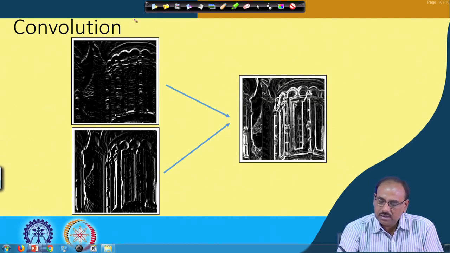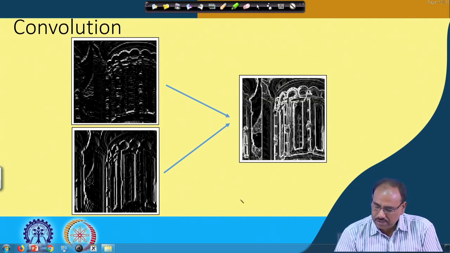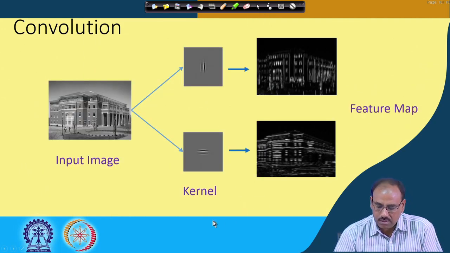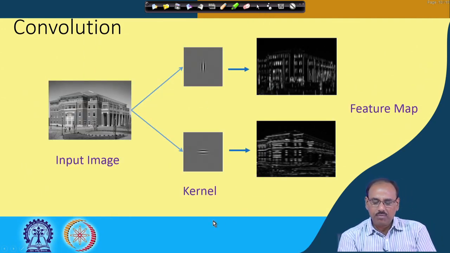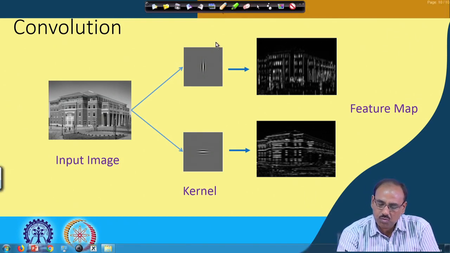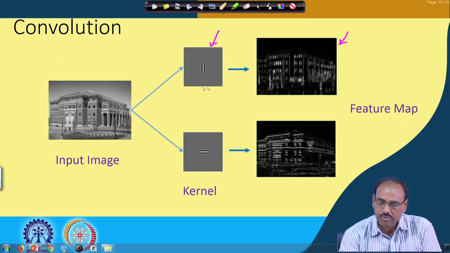In the same manner, if I take another template, say for example, if my input image is something like this and this is one of the convolution templates, then the corresponding output will be this one, where the input image is convolved with this kernel.